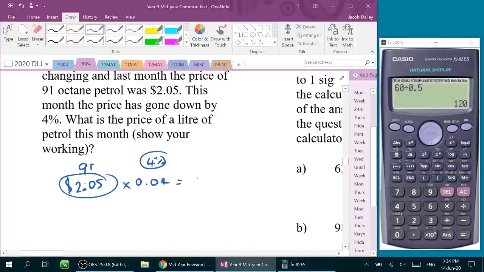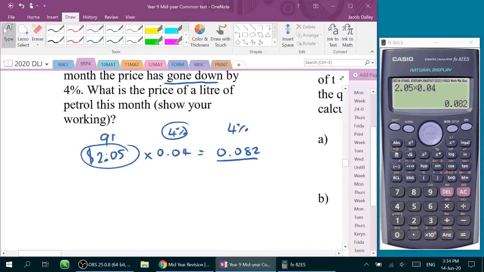Right. So 2.05 times 0.04 equals, we don't want it as a fraction, that's not any use to us, we want it as a decimal, so that is 0.082 off. So that's not our final answer, that's how much it's gone down by. It's gone down by 4%, so that's the 4% that we want to take away.